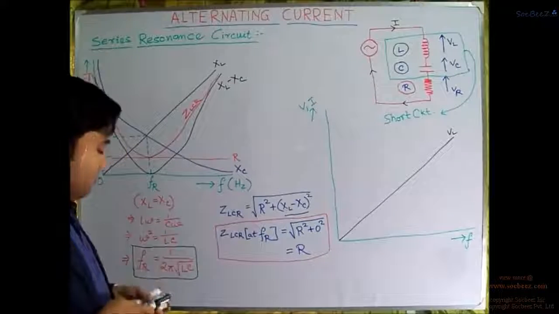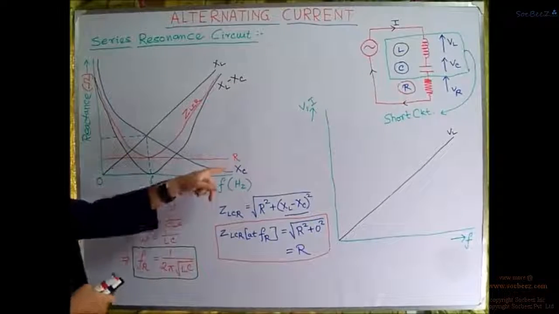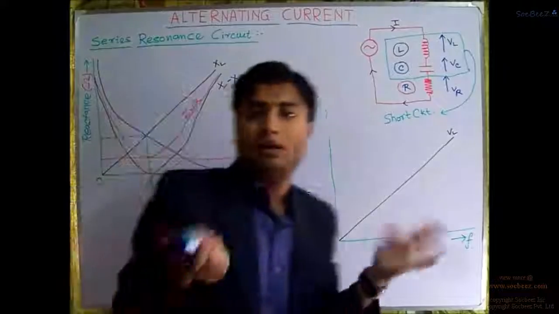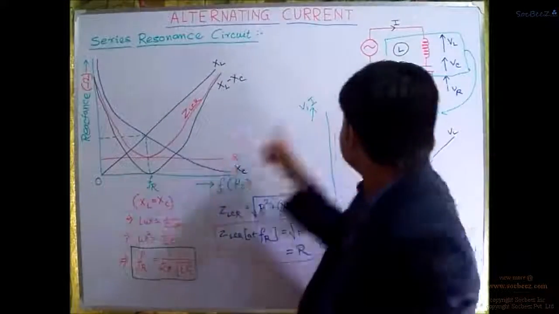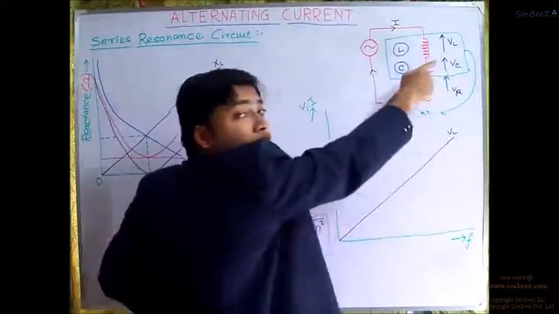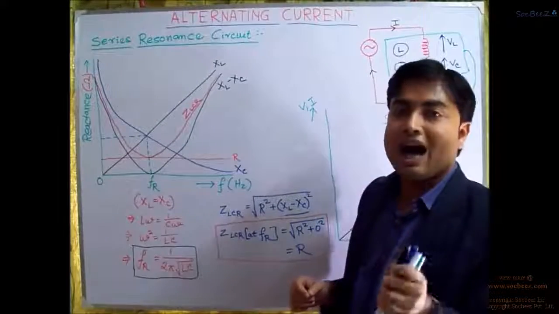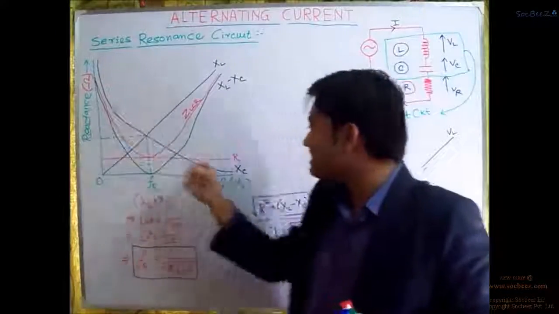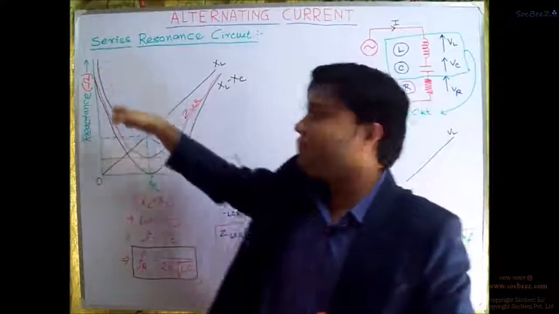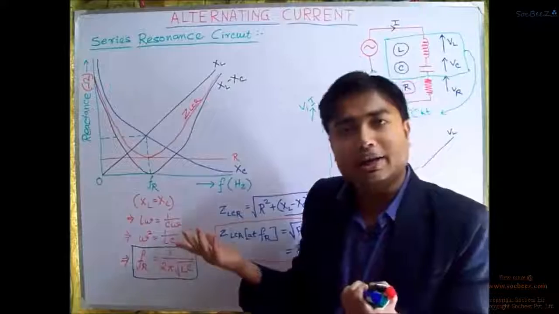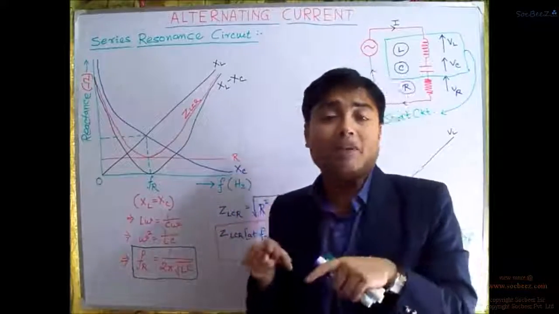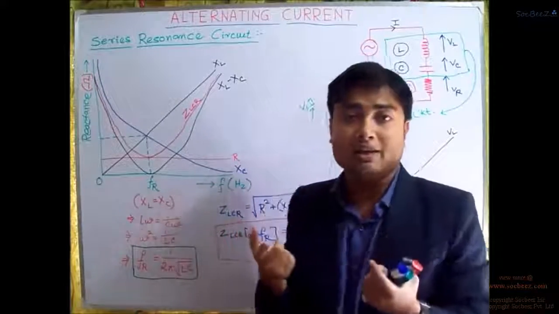Now, for this XC, again the same happens, because the voltage at this C will simply be equal to I multiplied by XC. And if it is decreasing with frequency, the voltage shall also decrease, because the multiplying factor with I is decreasing. Right?